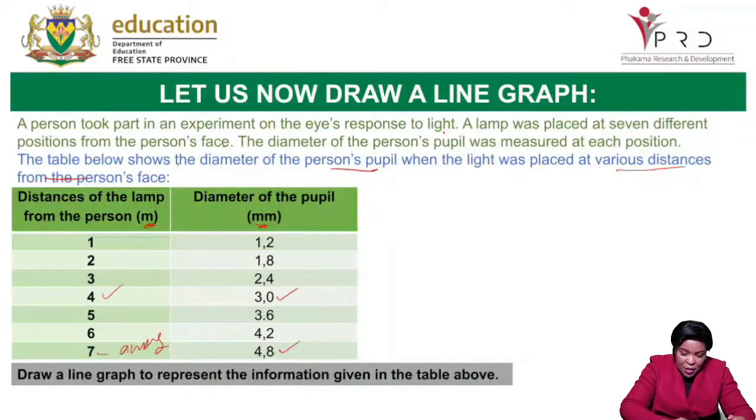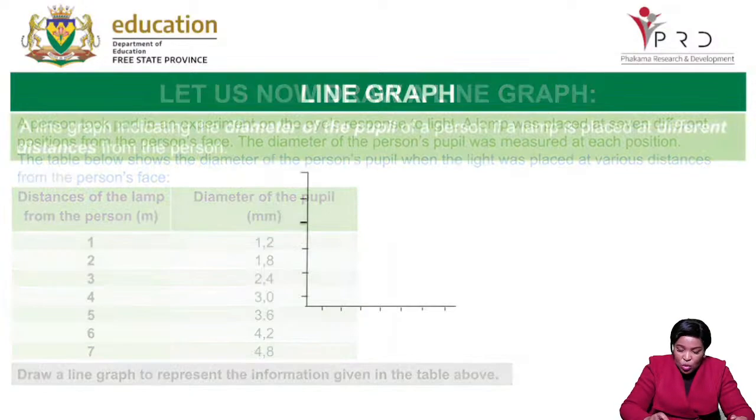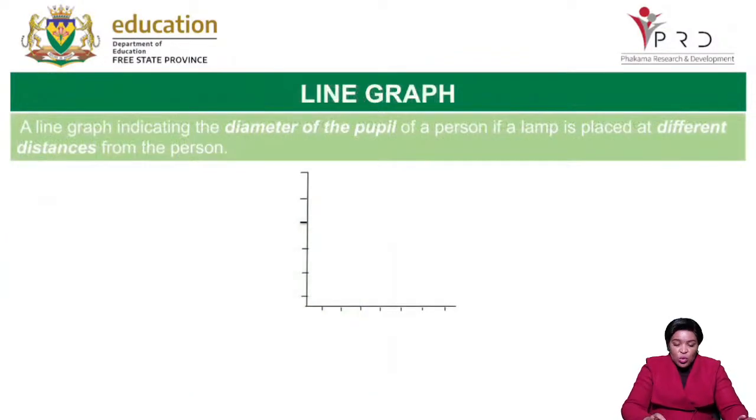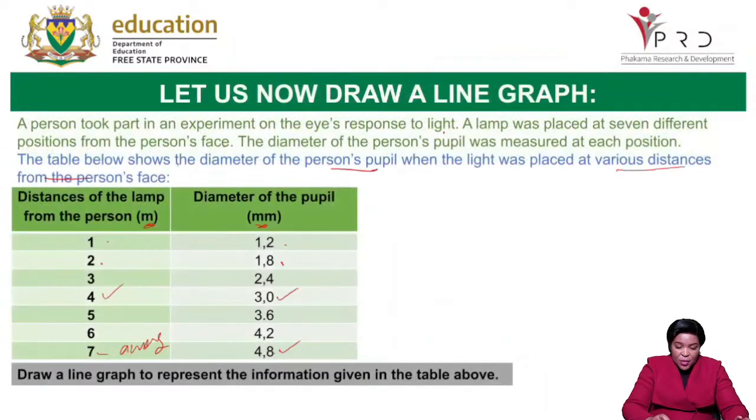So let us look at the first point. When the lamp was at 1, the diameter of the pupil was 1.2. At 2, it was 1.8. Remember, you are going to identify your variables first. So when you identify your variables, you must tell us this will be your independent variable because it comes in the first column.